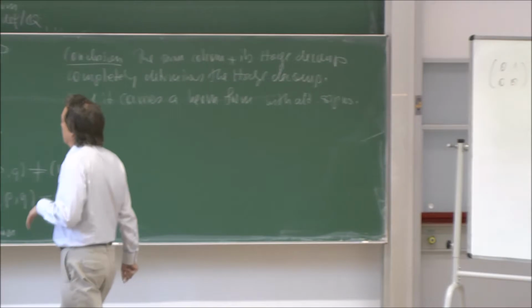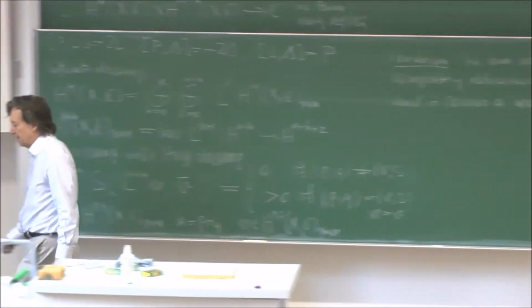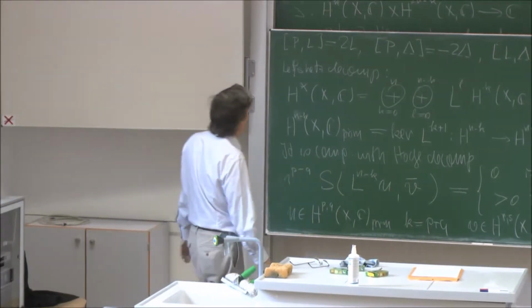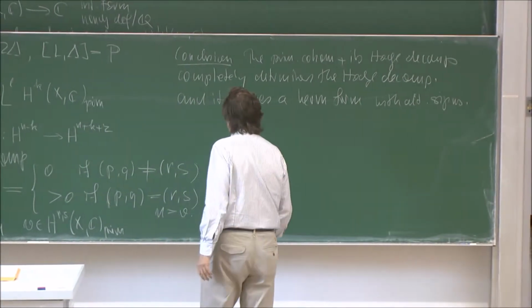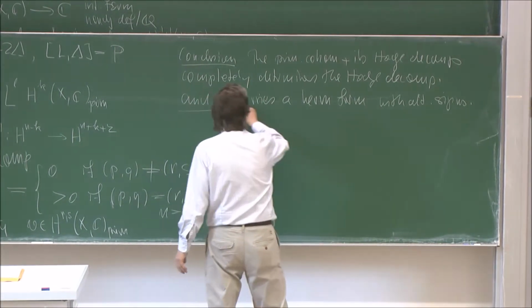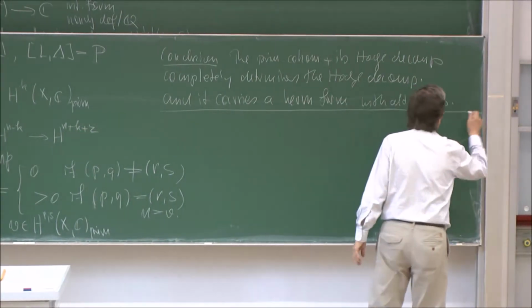Alright, so this is the Hodge decomposition for the cohomology of a projective variety. And so now let me do this with parameters.